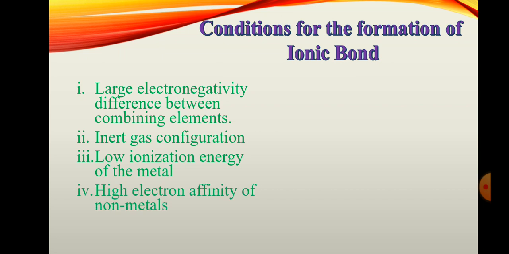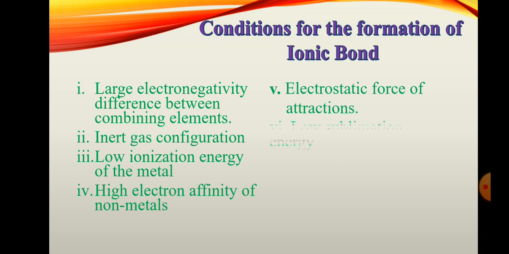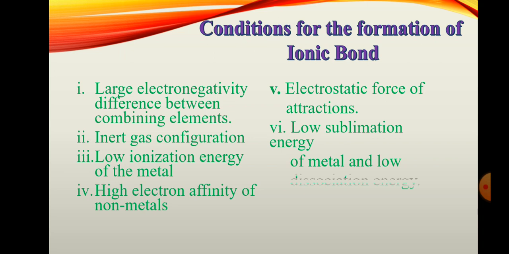Number 4, high electron affinity of non-metals. Number 5, electrostatic force of attraction. Number 6, low sublimation energy of metal and low dissociation energy. And last, high lattice energy. We will complete them one by one in more detailed form.